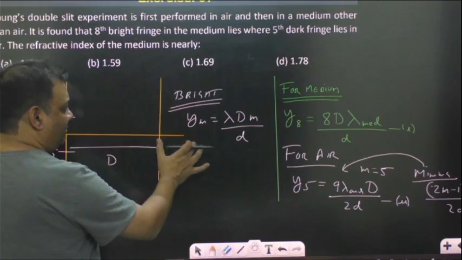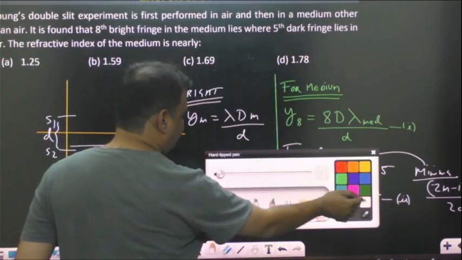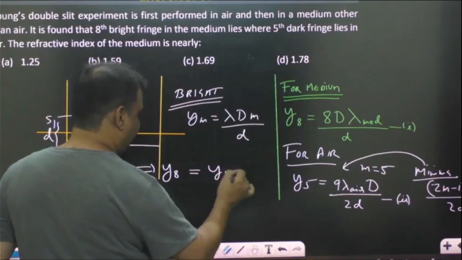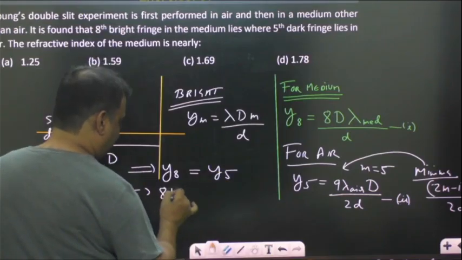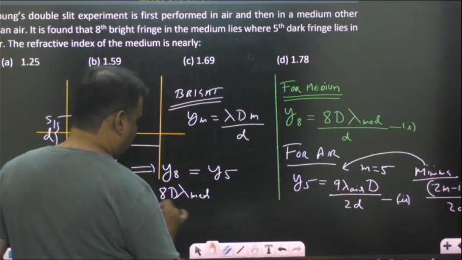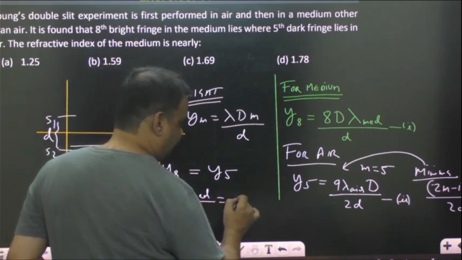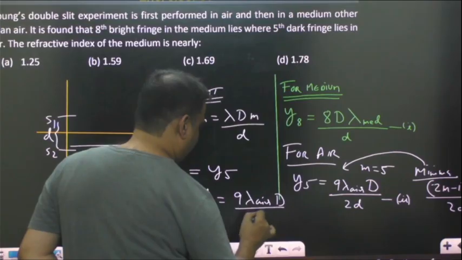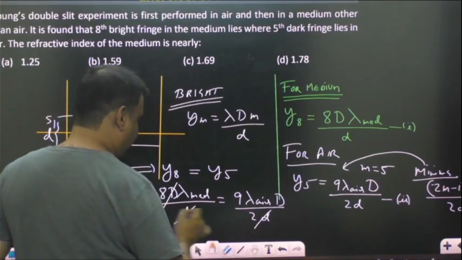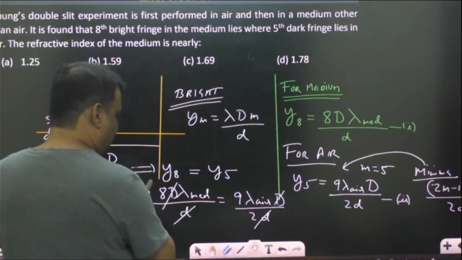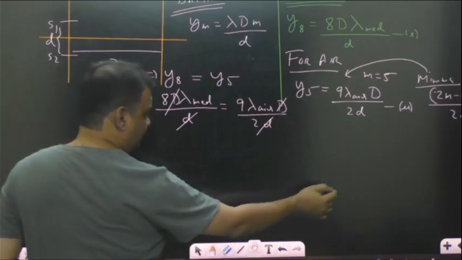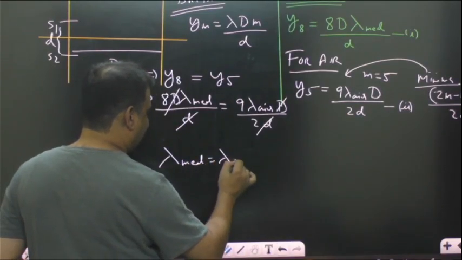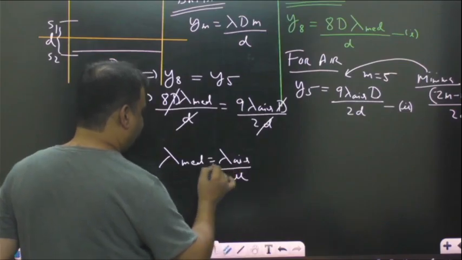Now according to the problem, both have the same position. So it implies that y8 in medium is the same as y5 in air. So we'll have 8 lambda of medium D divided by d is 9 lambda of air capital D by 2d. Now d will get cancelled away, capital D will get cancelled away. And can I write the basic relation, lambda of the medium is lambda of air divided by refractive index.